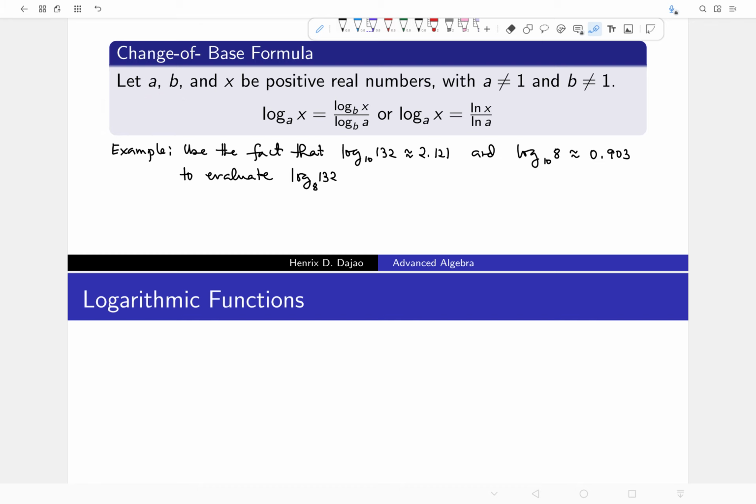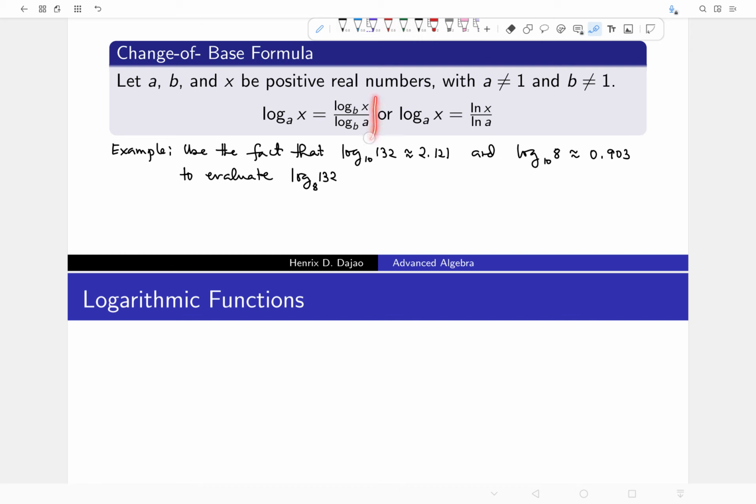With an exemption that a must not be equal to 1, although it is positive, it is stated here that a must not be equal to 1 and b must also not be equal to 1. x can be any positive number, so we're not restricted, just like a and b.